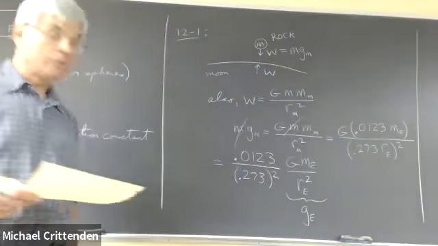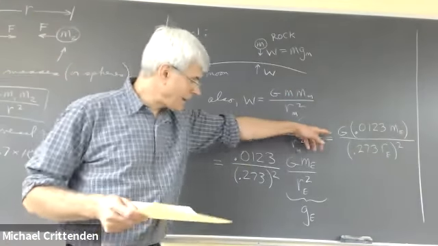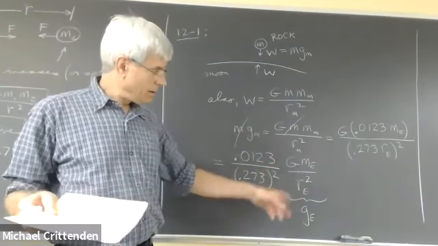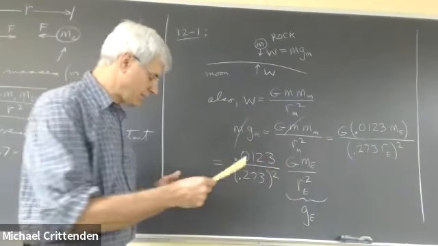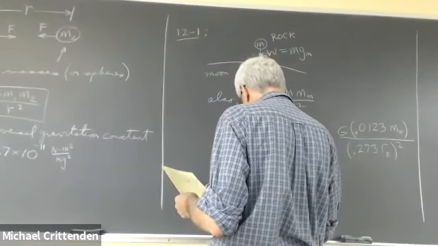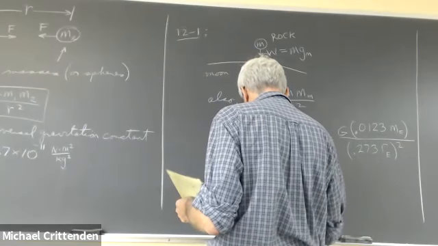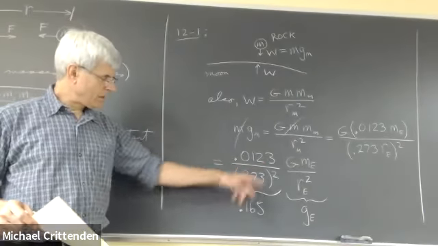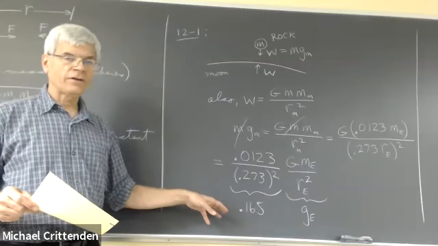So instead of three cumbersome numbers to plug into that, you've got just 9.8 to stick in for this. That divided by this squared comes out 0.165.